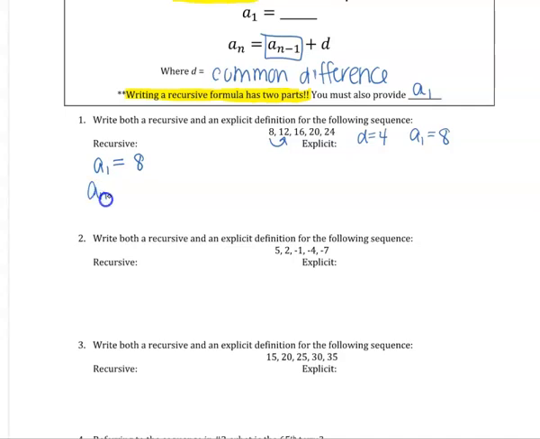Now if you want the next term, I'm going to take the previous term and do what to it? We just said we were adding 4. So I do plus 4. That's it. Honestly, recursive I find very easy. The hardest part is just remembering how to do your notation. But if you can remember this, what you're doing to it should be easy to figure out from there.